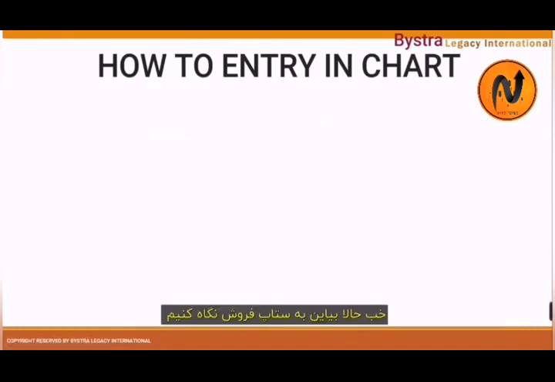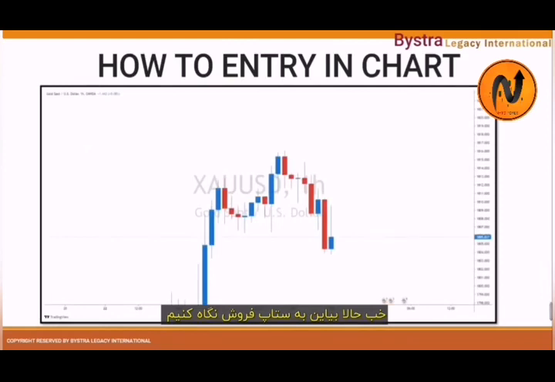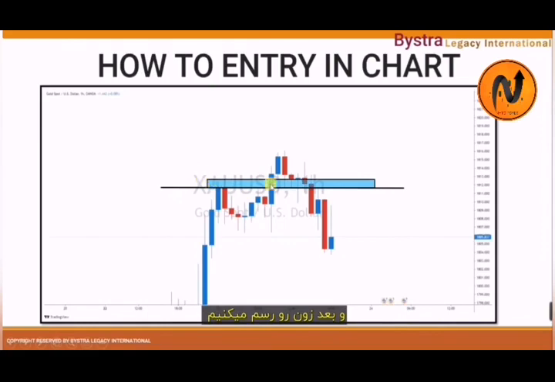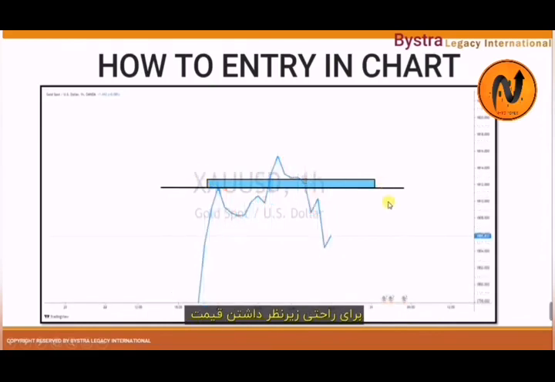Now let's look for the sell setup for our QMR. As we can see here, there's another price pattern for QMR. We mark the left shoulder, which is on this side, and then we mark the zone for easy marking and monitoring. Then we change to the line chart and mark the structure again.